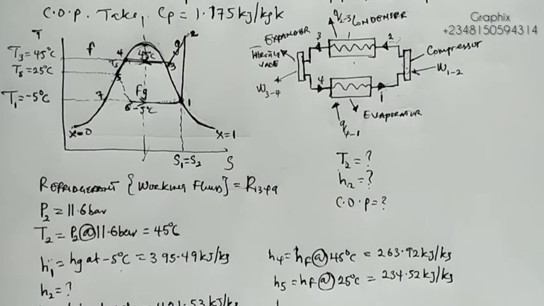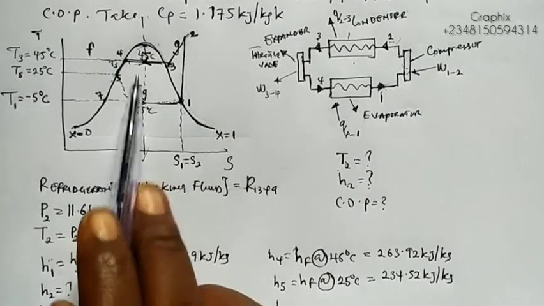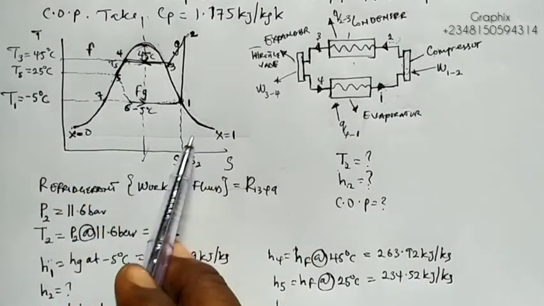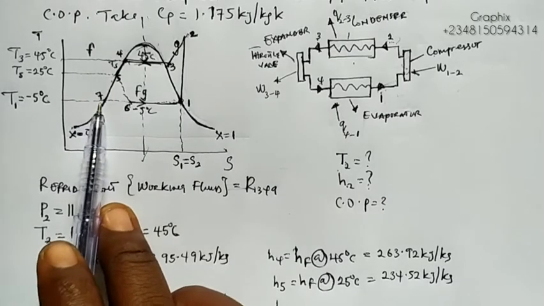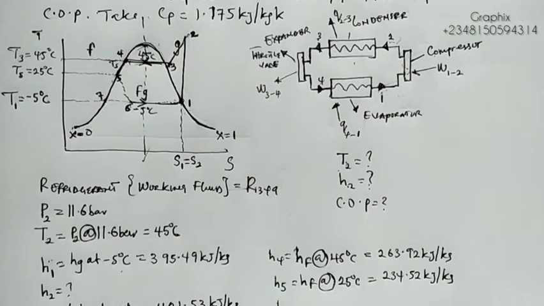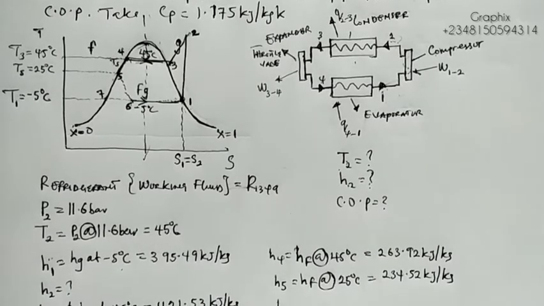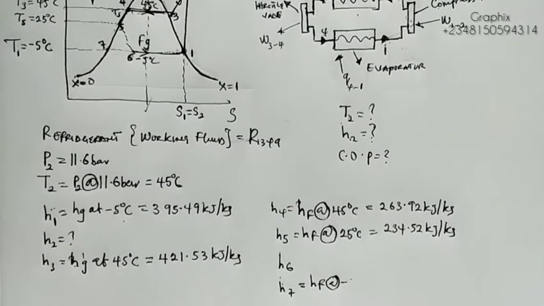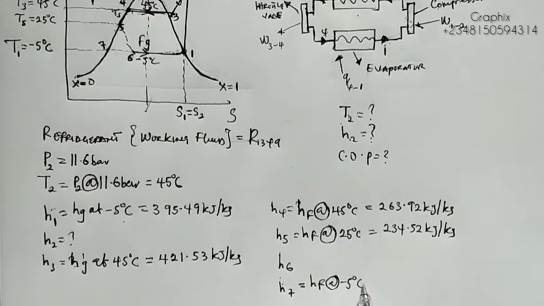Then the next thing we'll be checking again, we can't check for H6 because it's not falling on the column, and we can still check for H7 if we want to. So it will be HF. We can check for H7 too. So my H7 will be HF at minus 5 degrees Celsius.